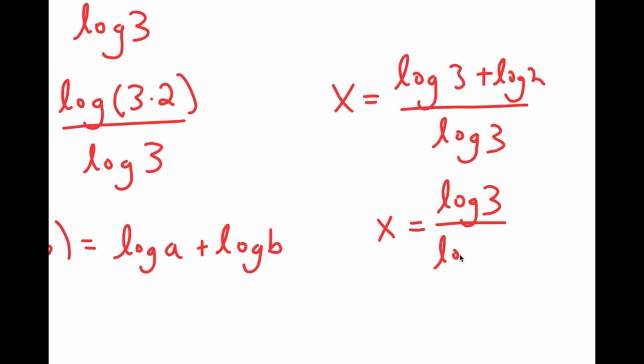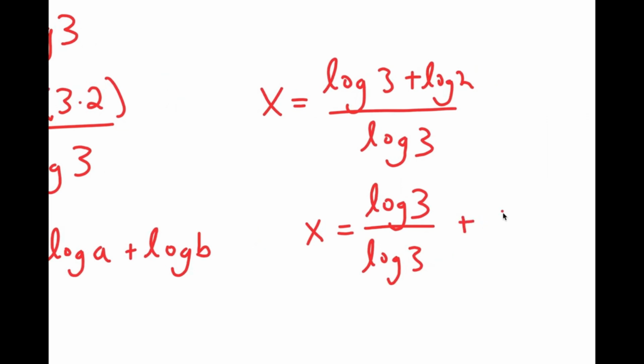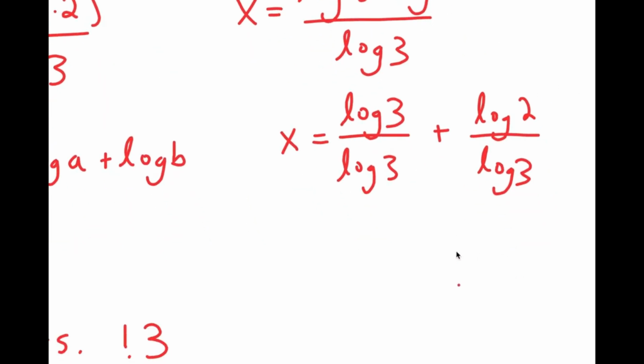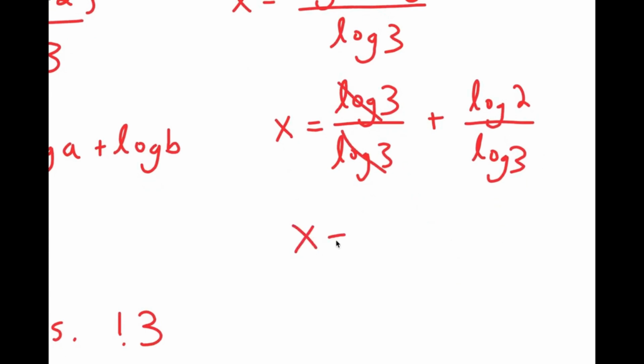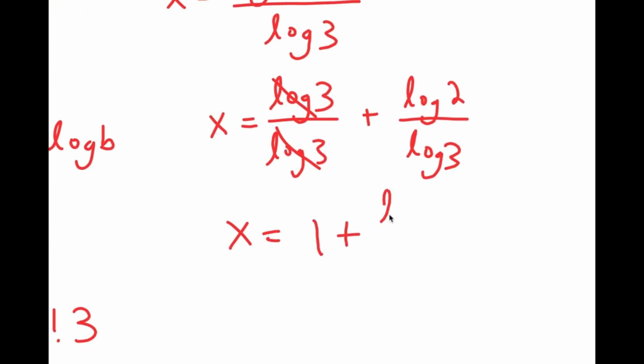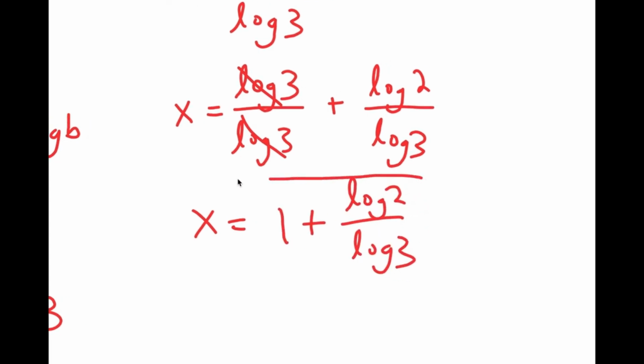So now this turns into log 3 over log 3 plus log 2 over log 3. So these two cancel out, and I get 1 plus log 2 over log 3. So this is my answer.